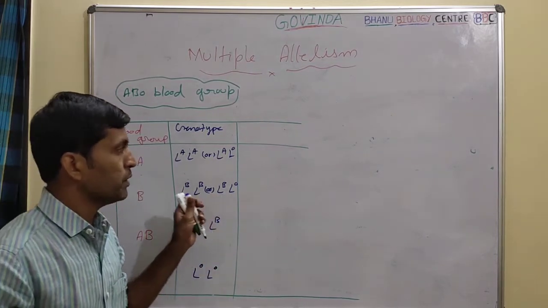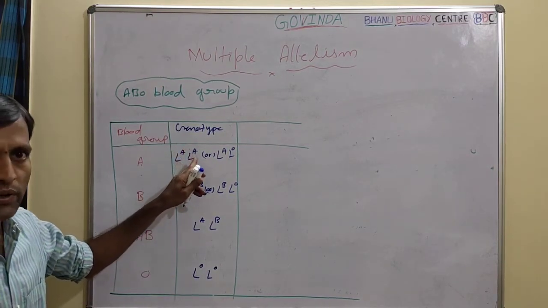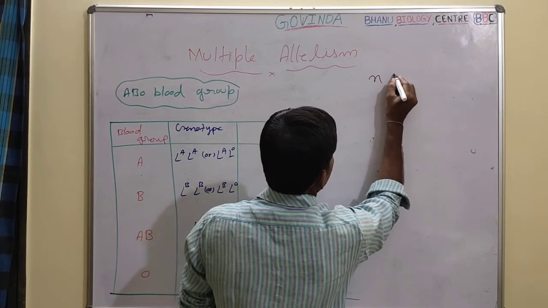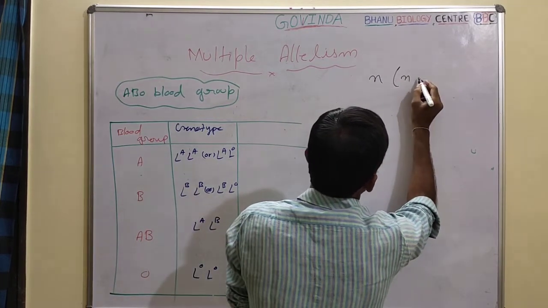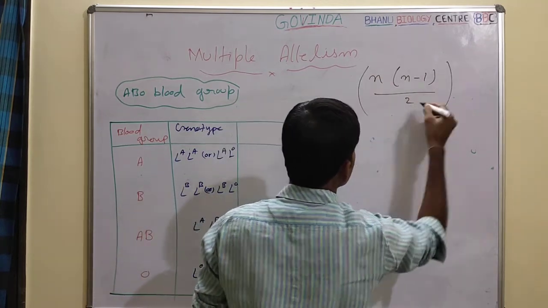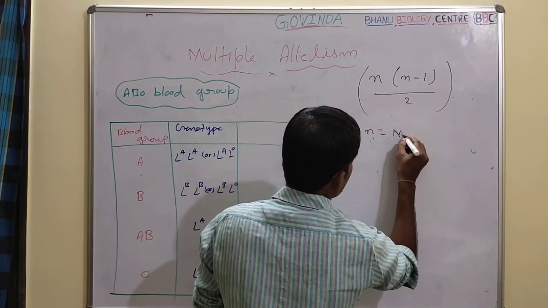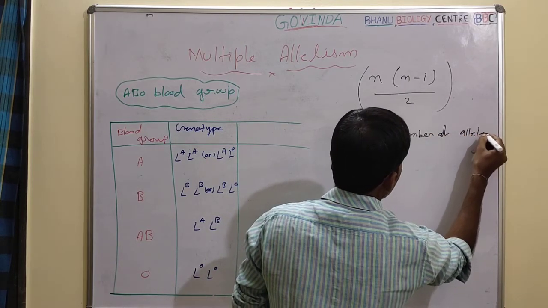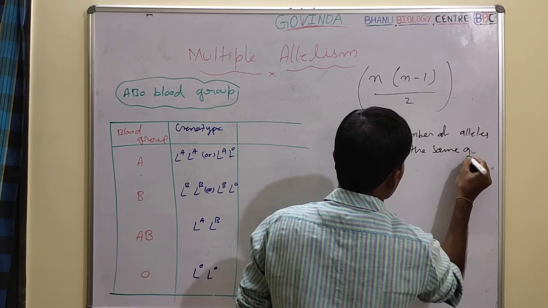For determining the number of different possible genotypes, there is one formula: n into n plus 1 by 2, where n represents the number of alleles on the same gene.